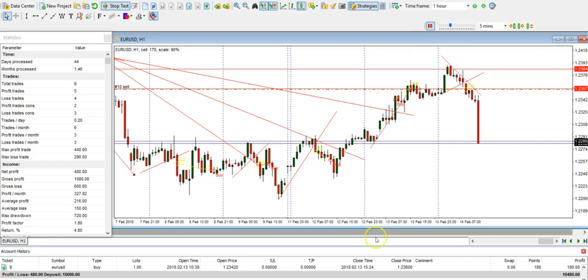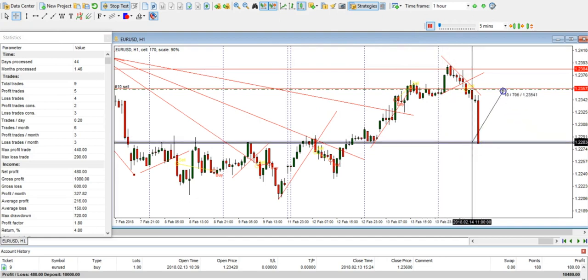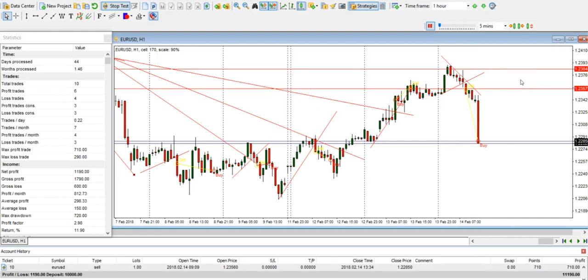Okay, so there's a big drop around 3 p.m. UK, so I'm just going to slow this right down, and it's likely due to news. And if you see a drop like that and you're in the market, there's 873 pips. What you want to do is simply take the profit. Okay, and go out and enjoy yourself for the rest of the day. Simple things, when that happens, that's what you do.